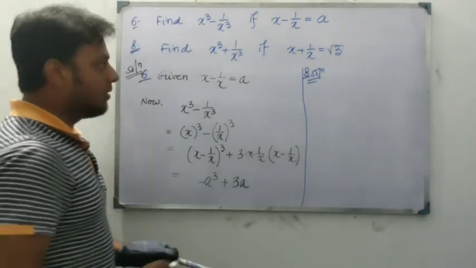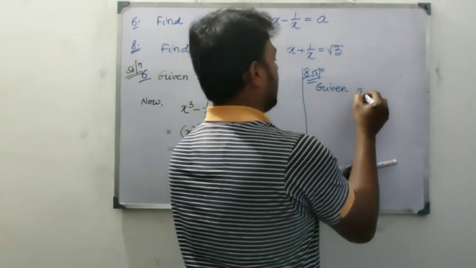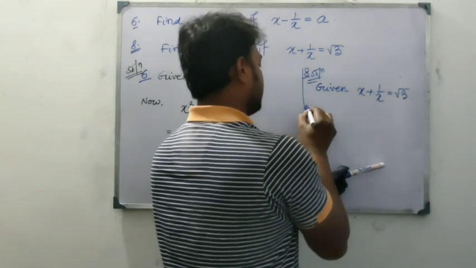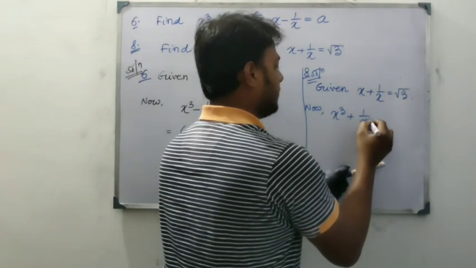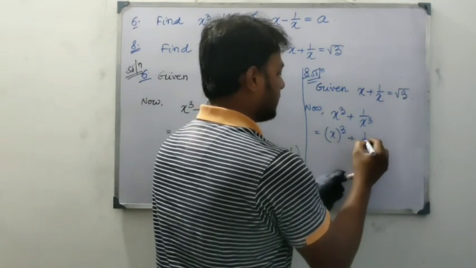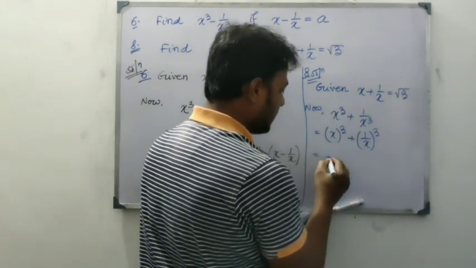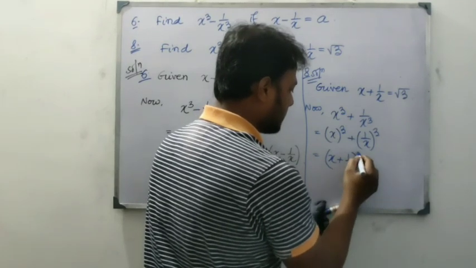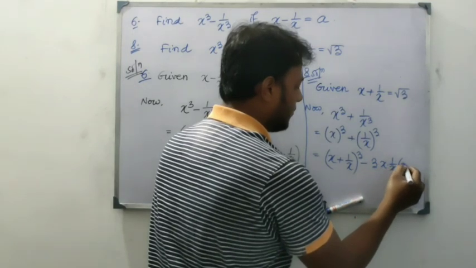Write given, x plus 1 by x equals root 3. Now x cube plus 1 by x cube is nothing but x whole cube plus (1 by x) whole cube. So this is a cube plus b cube, which equals (a plus b) whole cube minus 3ab into (a plus b).